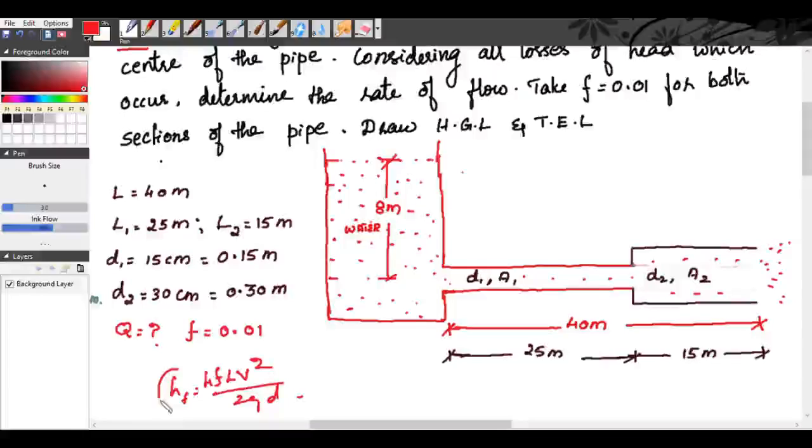So this major loss depends on the coefficient of friction, the length of the pipe, velocity in the pipe and the diameter of the pipe. So the head loss due to friction differs in pipe 1 and pipe 2, but the coefficient of friction remains the same. That means we have to find the loss of head due to friction in pipe 1 and in pipe 2.